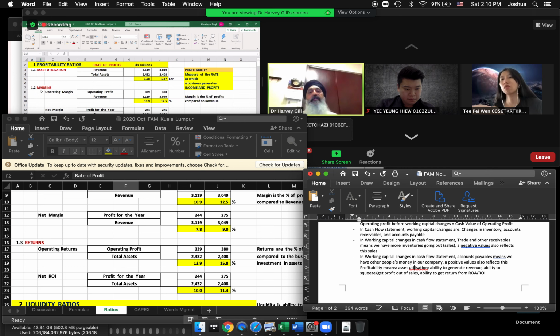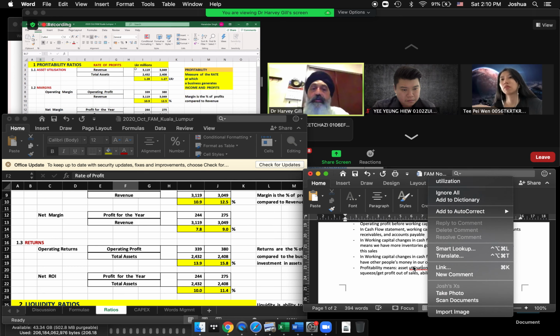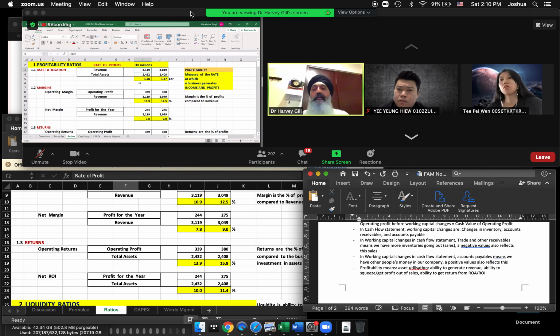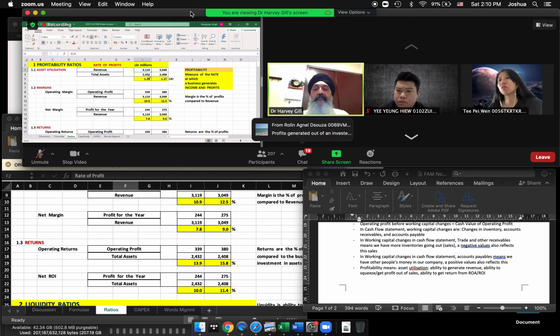Okay, so what happens here is this. For this company, in millions of Sri Lankan rupees, they generated 3 billion rupees. The previous year, 3.049, and this year, revenue went up. Compared to that, total assets also increased slightly from 2408 to 2432.